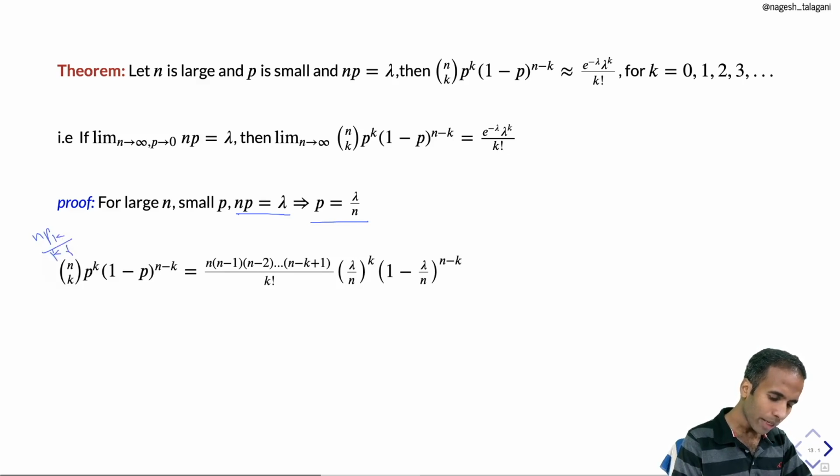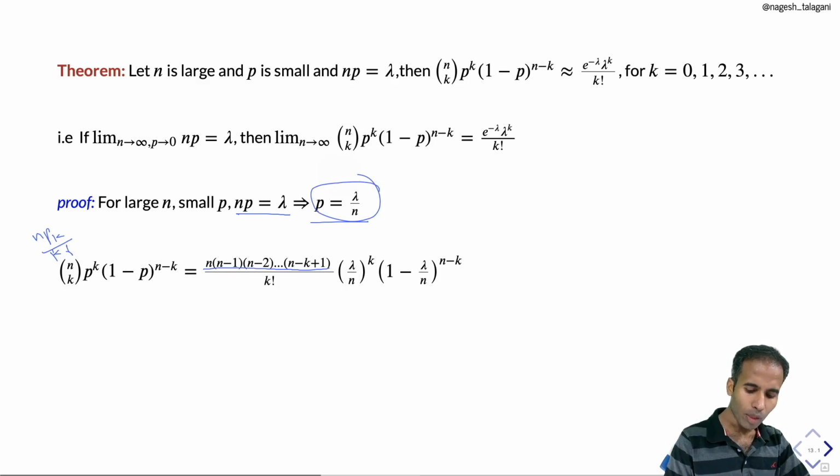This n P k we can write as n into n minus 1, n minus 2, and so on, up to n minus k plus 1, by k factorial. Here we are replacing p with lambda by n, so lambda by n to the power of k, 1 minus lambda by n to the power of n minus k.